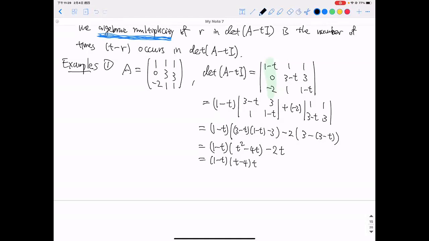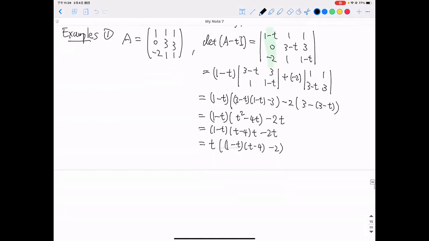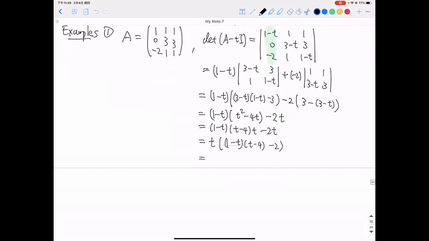Okay. So this becomes t squared minus 4t becomes t minus 4 times t. And then we can factor out a t. And then we get 1 minus t, t minus 4, minus 2. And then we can compute. This is negative 4 plus t plus 4t.